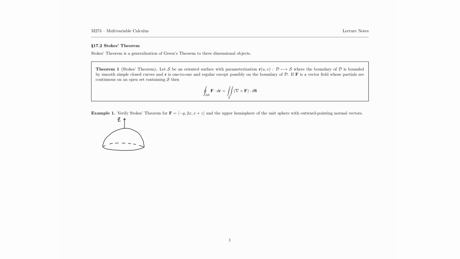So z-axis, x-axis, y-axis. This is the unit upper hemisphere, so radius of 1. Okay. And let's go ahead and just say we've got that right there.